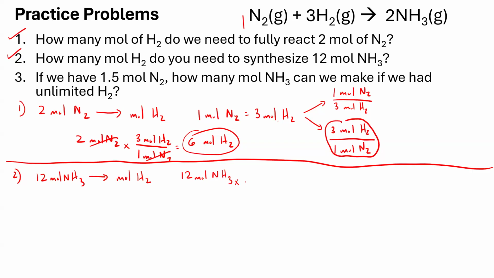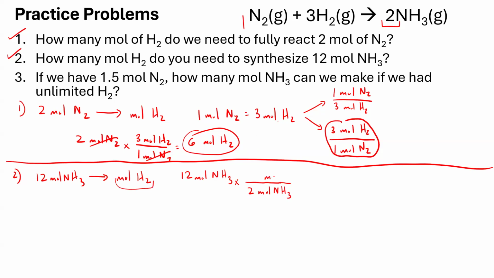I know just because of units, I'm going to need moles of NH3 on the bottom. And here we have a 2, so that has to be a 2. Since I'm trying to get to moles of H2, I'm going to need H2 up top.